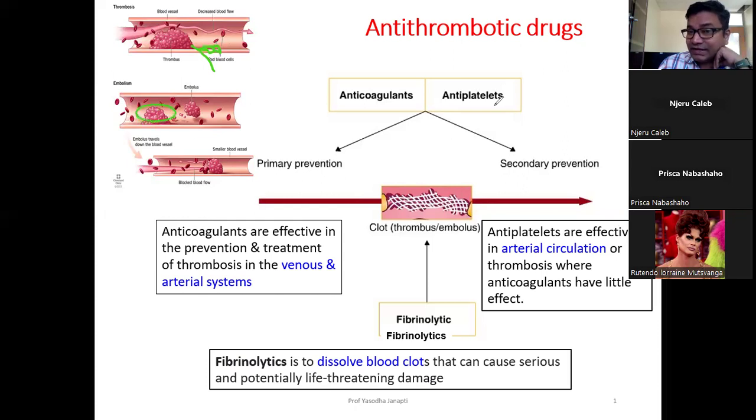So antiplatelet drugs also help in cardiovascular diseases like deep vein thrombosis, angina pectoris, coronary artery syndrome. In all these conditions they will help. The patient will be given an antiplatelet, for example aspirin or dipyridamole, some of the important drugs, or clopidogrel.